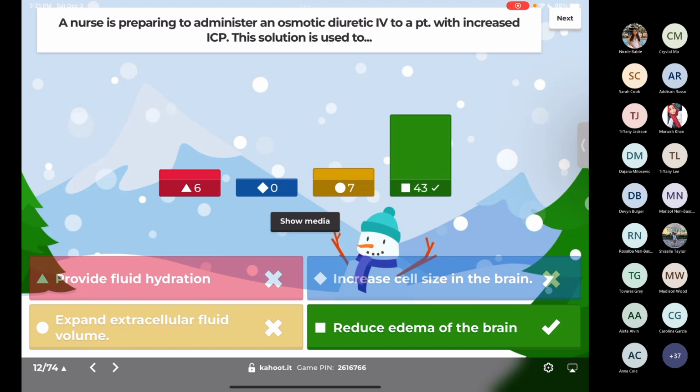So remember, this osmotic diuretic is going to help us pull water from the brain, head area, the skull, to try to help decrease some of that intracranial pressure.